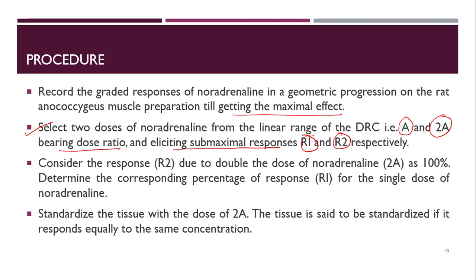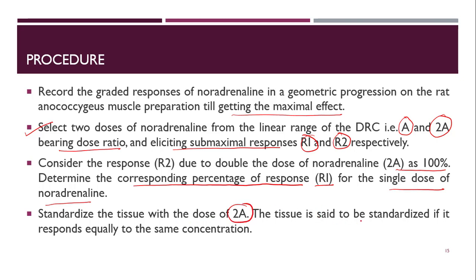So consider the response R2, due to the double dose of noradrenaline 2A, as 100%. Then we determine the corresponding percentage of response, that is R1, for the single dose of noradrenaline.